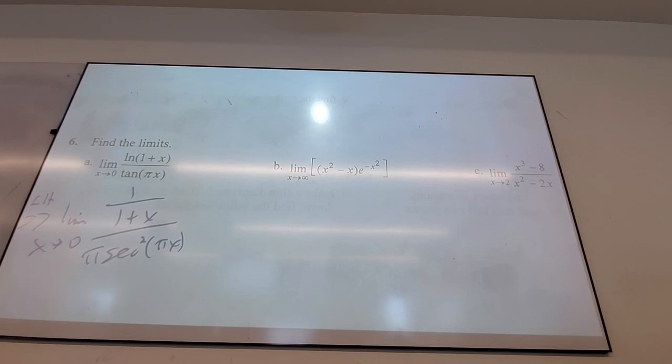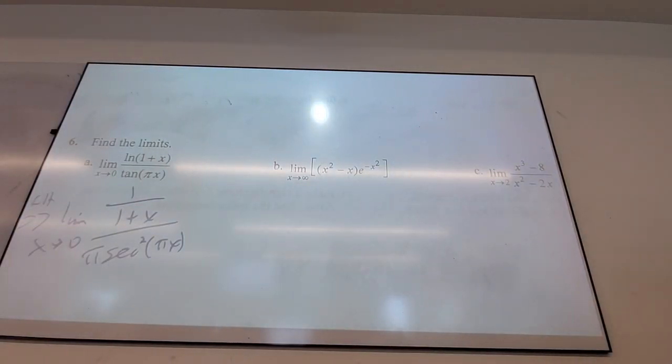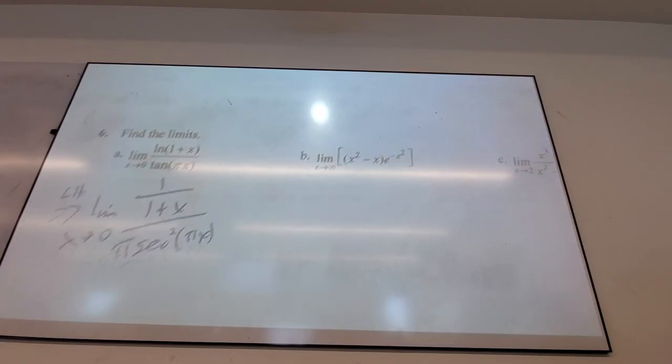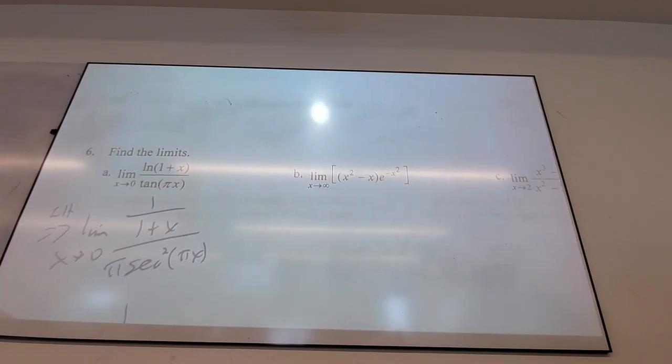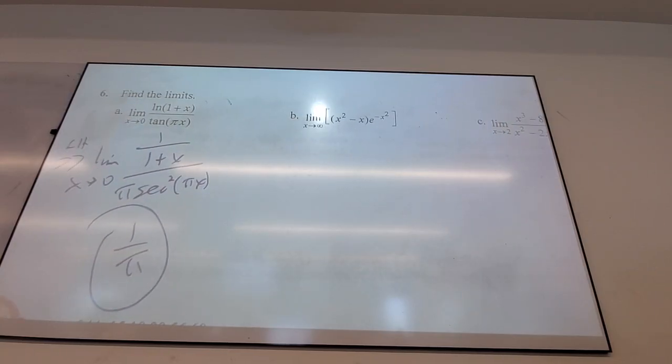So what's secant of 0? 1. So then pi times 1 is pi, 1 over pi. I like it. The reciprocal of pi. I'm not sure what that would be in real life. 0.318. Reciprocal of pi whipped cream. Come on! Crazy stuff.